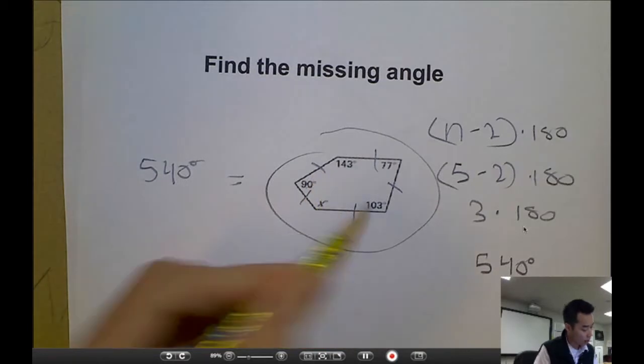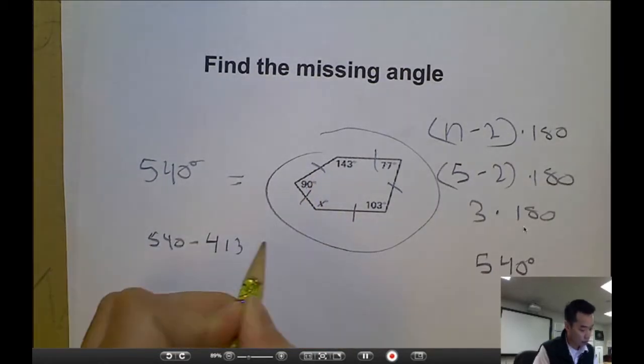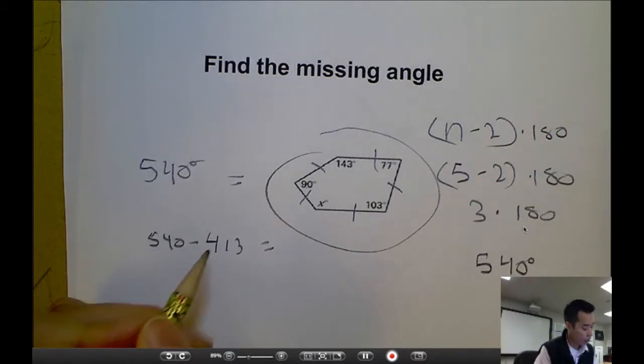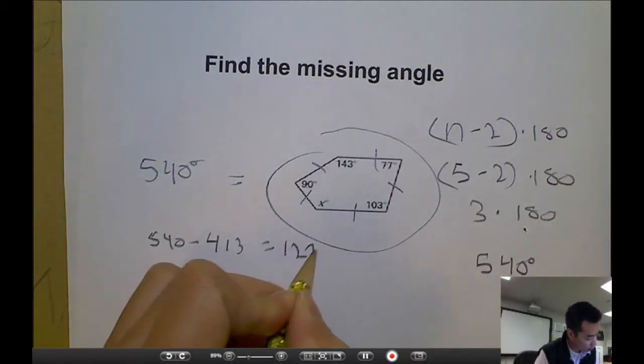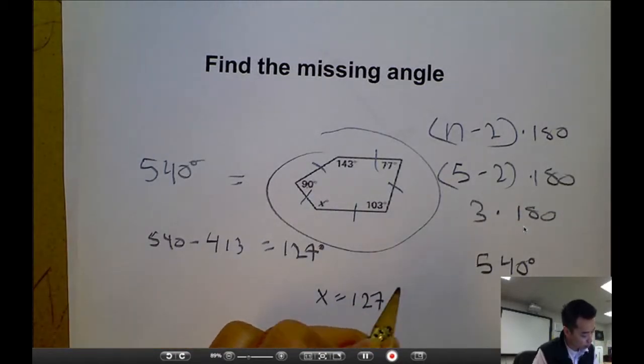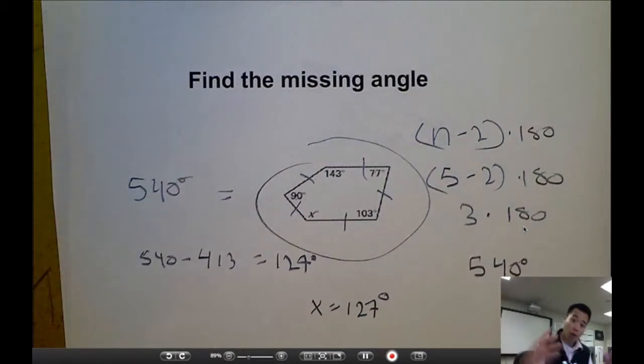So these 4 angles equal 413. So then I go 540 minus 413. And I know that the missing angle is 127 degrees. So x is equal to 127 degrees. So it's kind of cool that we know what they all have to add up to, and then we find the missing one by using some simple algebraic solving steps.